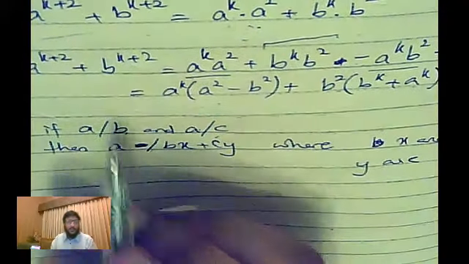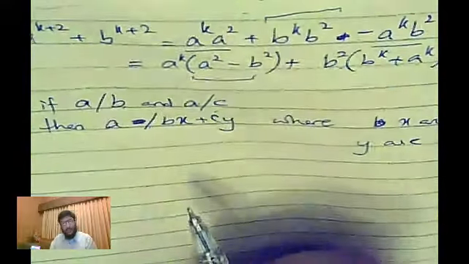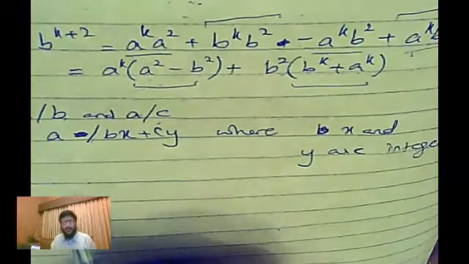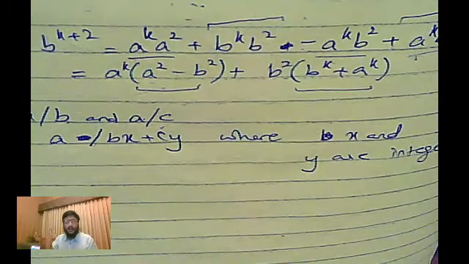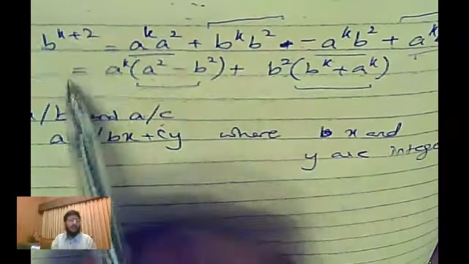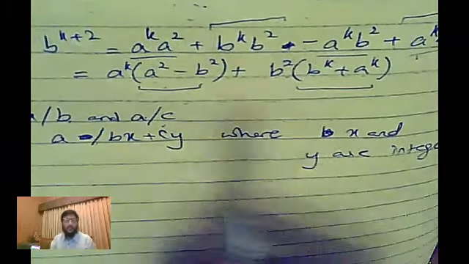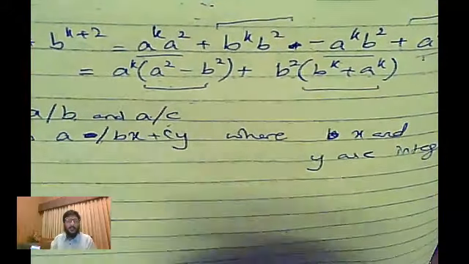So what we need, we have to prove this, right? If a plus b divides this number and a plus b divides this number, and a, b and k, all three are integers, so a power k plus b power k and a squared minus b squared are also two different integers, so the result will hold for them.